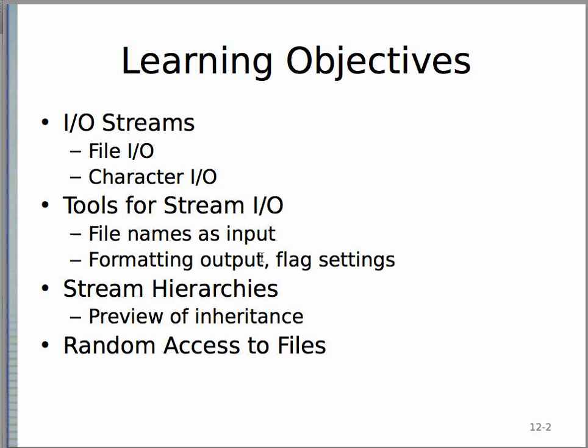For output, there are also settings that you can use to format the output, and then we will look at stream hierarchies, and maybe we'll get to random access to files. The idea in C++ is that streams are how you're supposed to transfer data in a persistent way. In Java, there's a totally different take on the same idea, and we use two techniques.